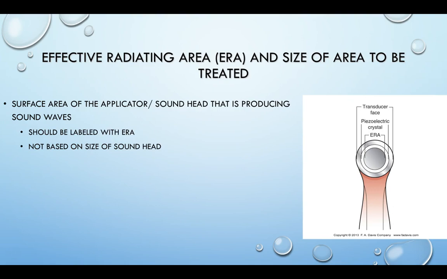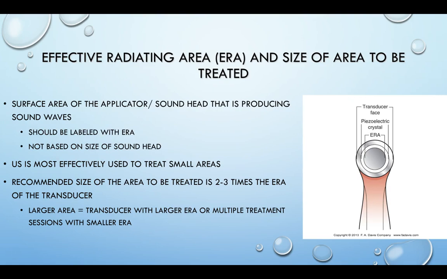So all areas that produce more than 5% of the max power output are considered within the ERA. So again, larger areas, you can get a little bit more of a collimated wave and beam. The smaller areas are going to be a little bit more divergent.